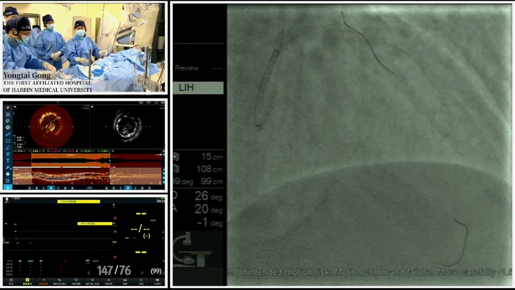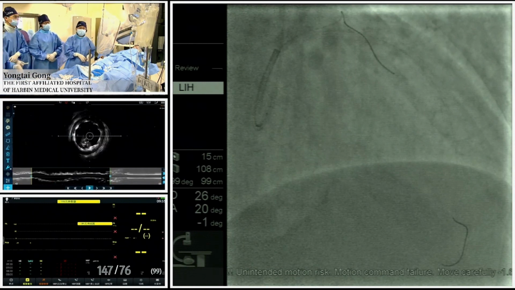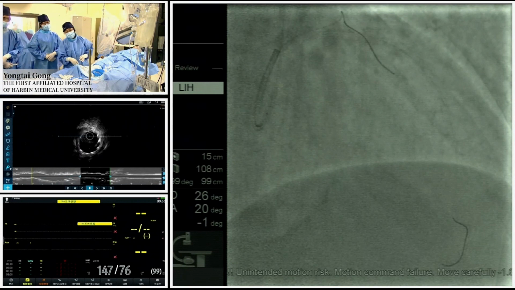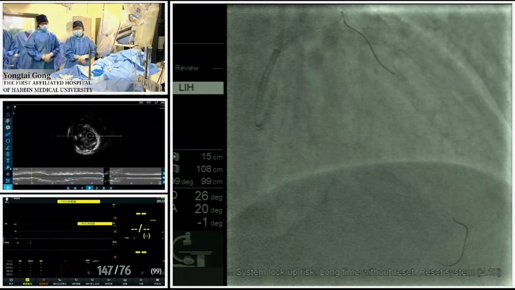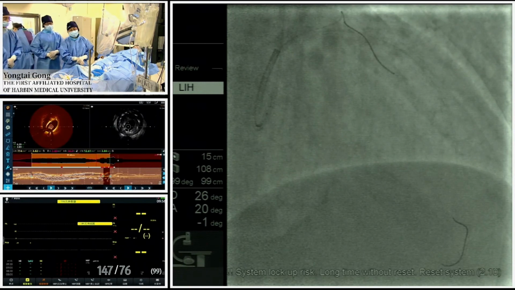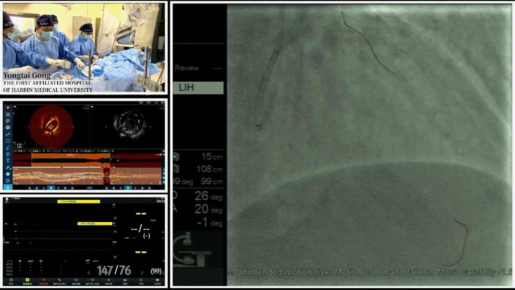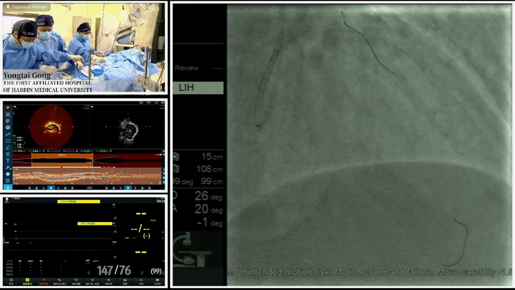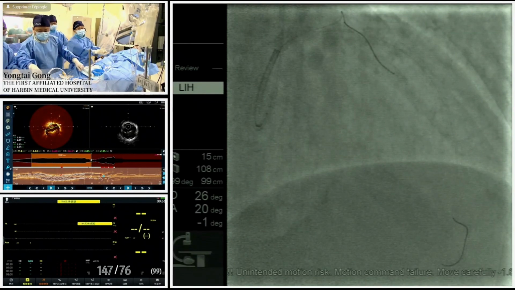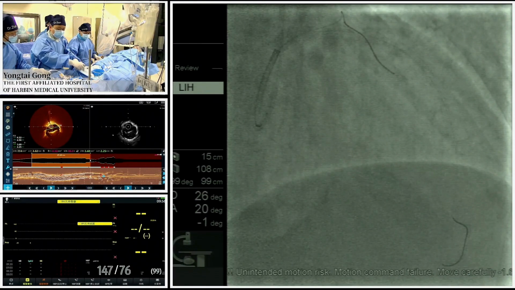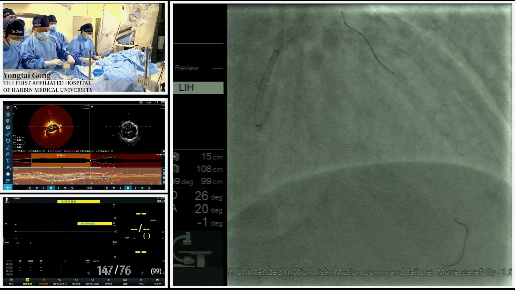Next step, we will perform a POT to modify the position of the stent in the left main. So sometimes, for a left main bifurcation lesion, after the first POT and the KBI, if the result is not very good, we have to do the POT again, right? Yes, a POT after kissing balloon inflation. A POT is also necessary for bifurcation lesions, especially the left main bifurcation.